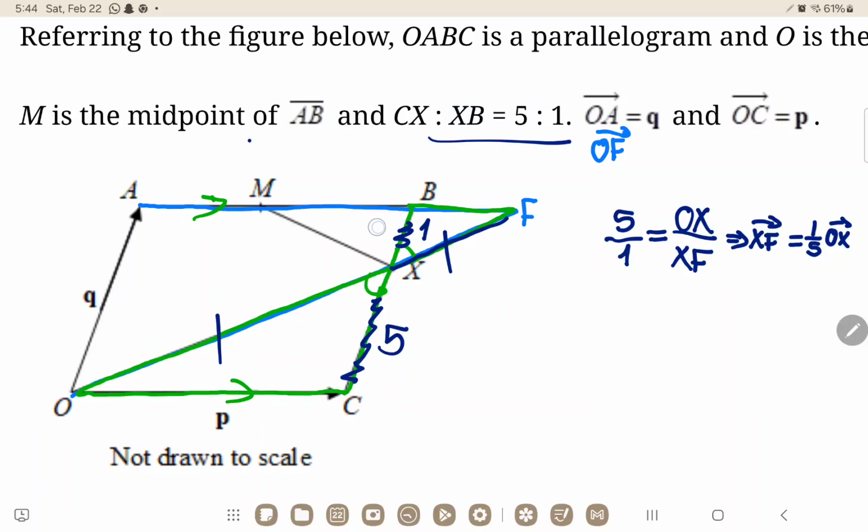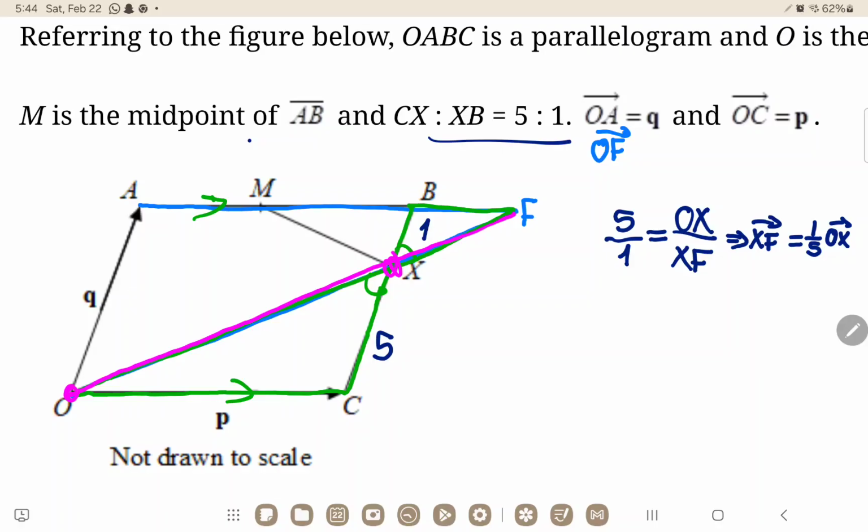Now we remove all our unnecessary annotations on this diagram. Now we see what is really OF. We never actually looked at OF itself. OF is this line. So OF is made out of parts OX and XF.